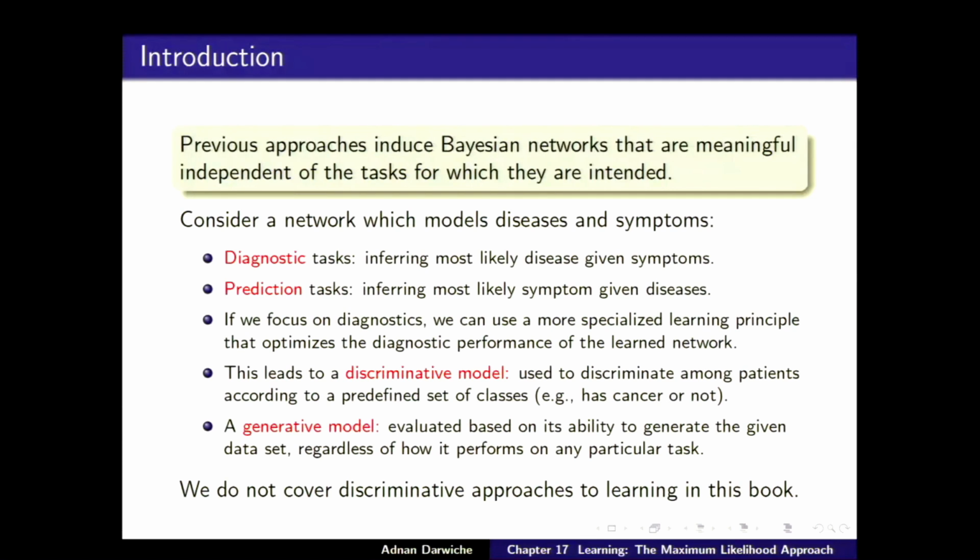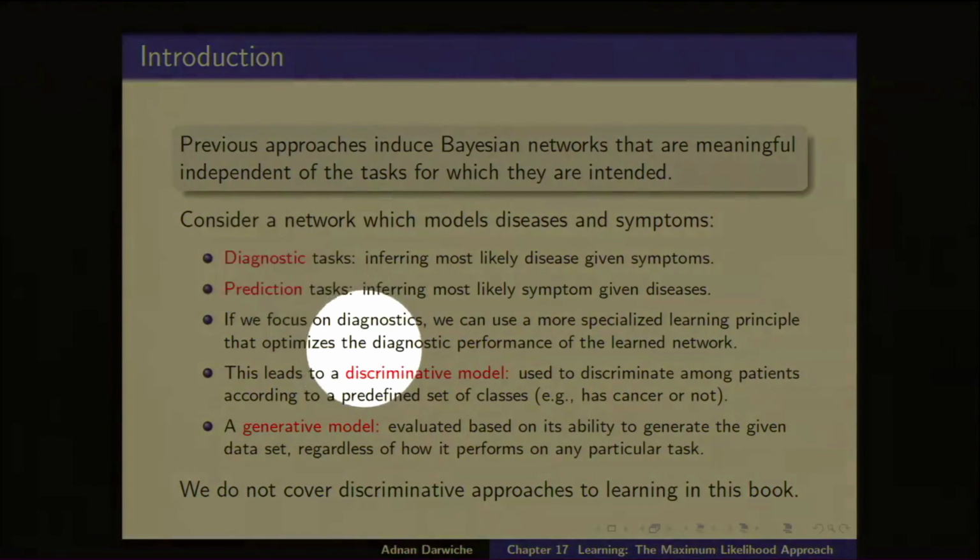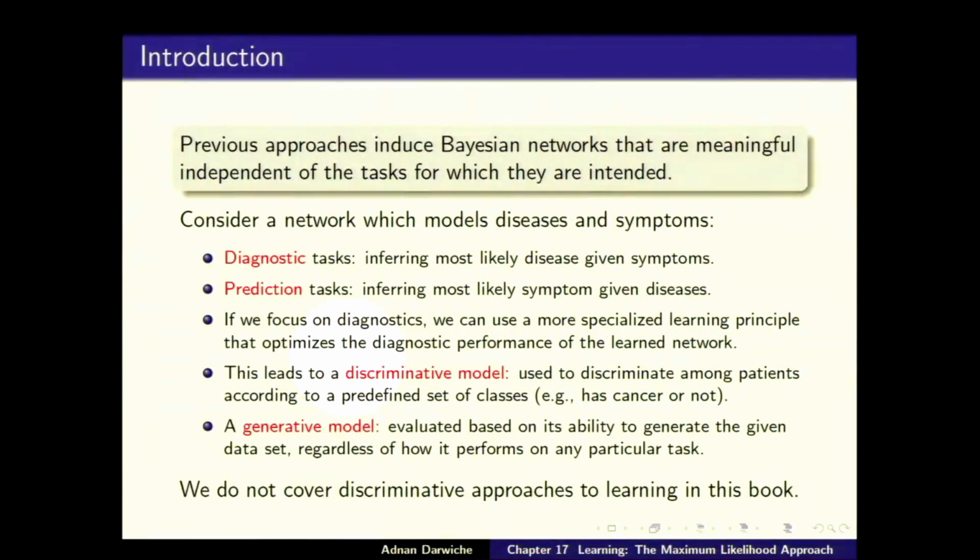When you do that, people talk about discriminative learning. In a sense, you can think of it as learning where we're optimizing for a particular task. I know what the specific task is, I have a clear notion of error rate, and I want to minimize the error rate as far as the learned model that I have.